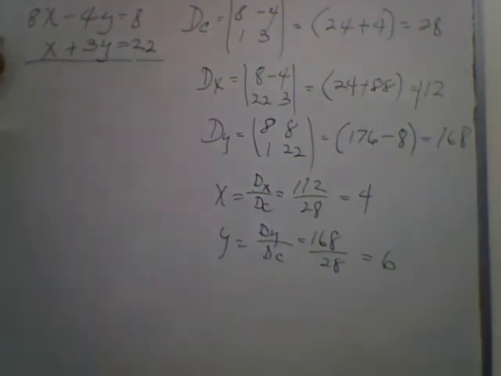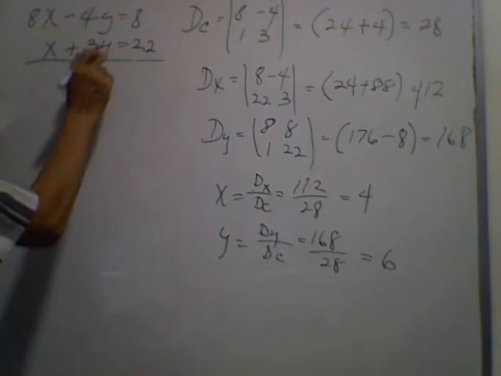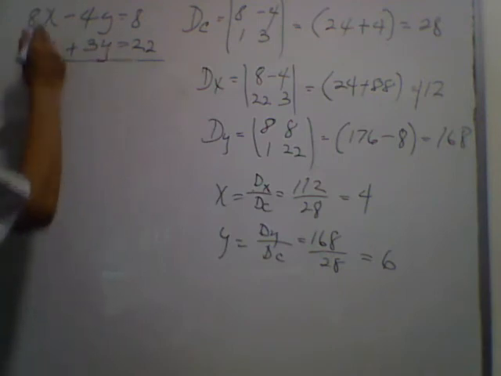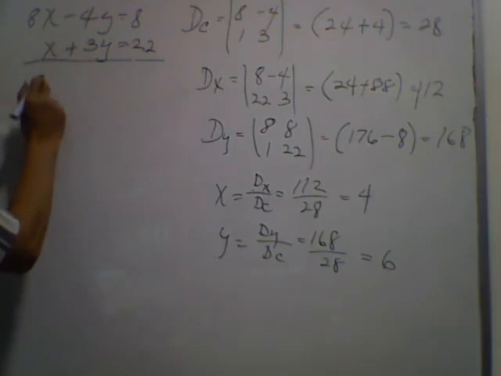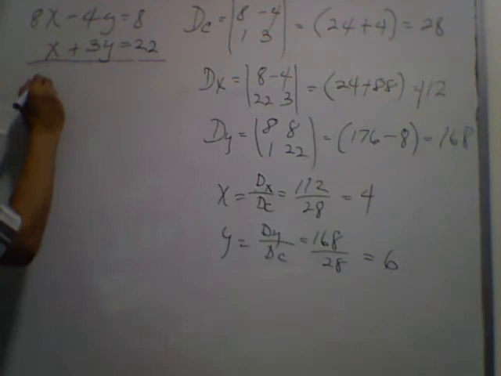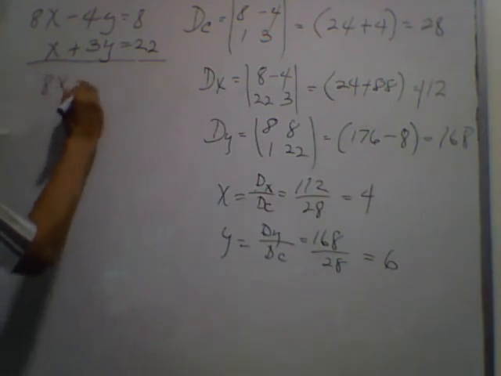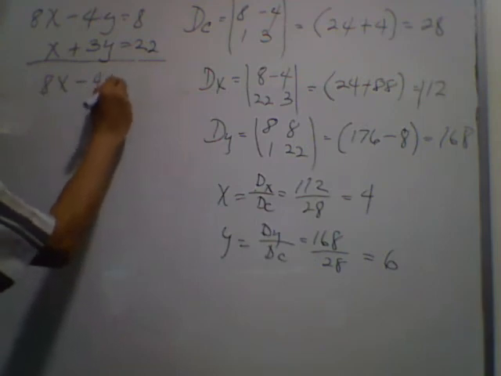Here, we're going to solve this equation by the ordinary method. We multiply equation 2 by 8 so that we can get rid of the variable x. So we write again 8x minus 4y is equal to 8.